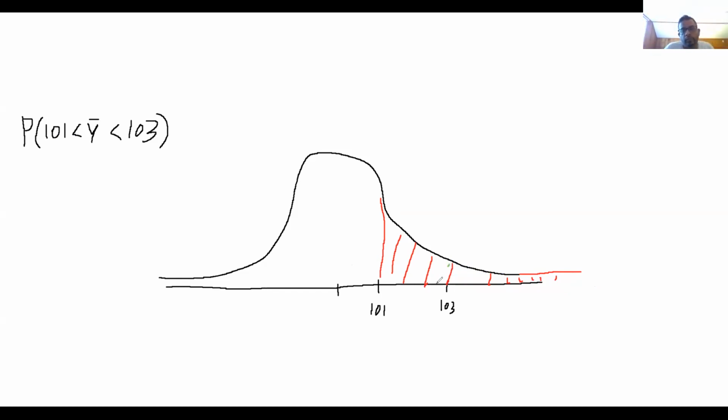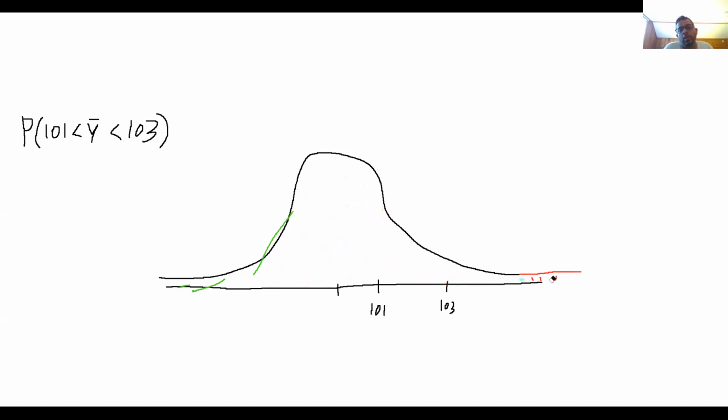So smaller than 103 is all this. But the only part that satisfies both conditions is the intersection in this case, the green and red, which was the case on the other one. The red and the blue, only the intersection you need because both need to be true. So in this case, I know now that I only need this area here.